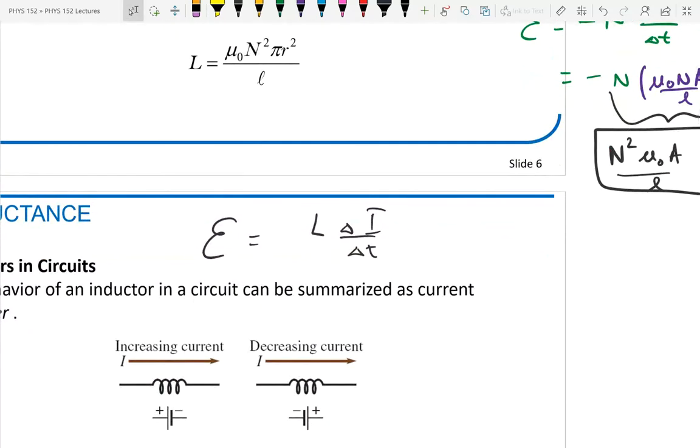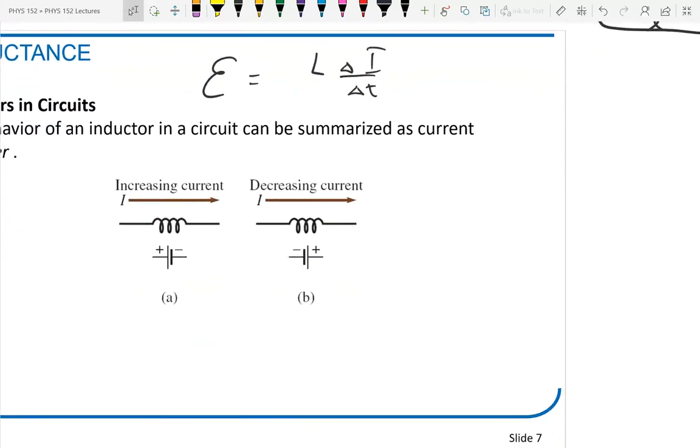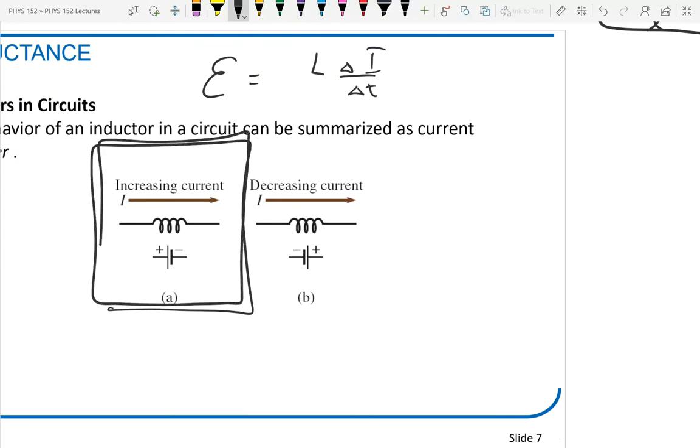So we drop it off and say we're going to set our sign convention without that minus sign. And so here's our sign convention. I'm only going to highlight picture A. If we have increasing current, that is if delta I over delta T is positive, then we're going to have the arrow for current direction and the signs for positive and negative on the inductor as shown there.